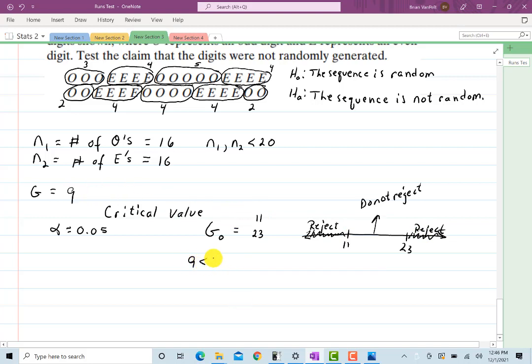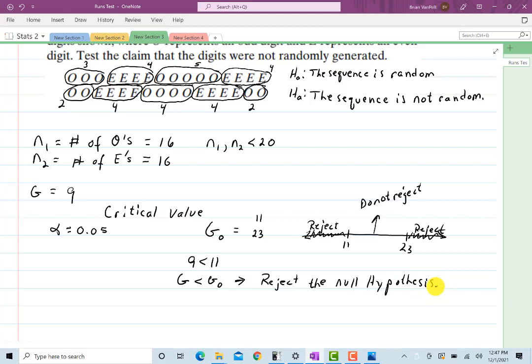Since 9 is less than 11, we have that G is less than G naught, which implies that we reject the null hypothesis. Make a note, though, for yourself that had my G come out to be greater than 23, I also would have rejected in that case as well.